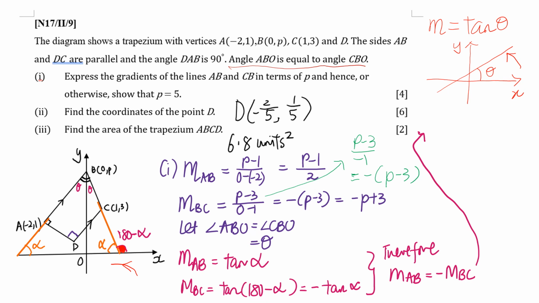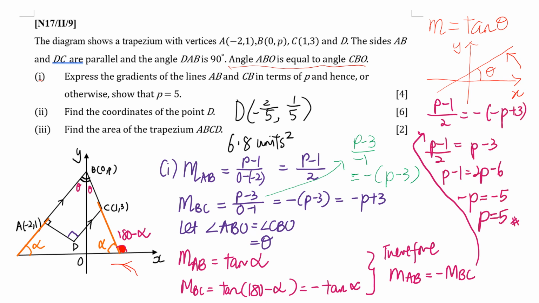Okay, so therefore the gradient of AB, we found it to be (p minus 1) over 2, equals the gradient of BC, which is negative p plus 3 over... And then you need to multiply this by a negative. Negative, negative becomes positive, so that ends up as p.